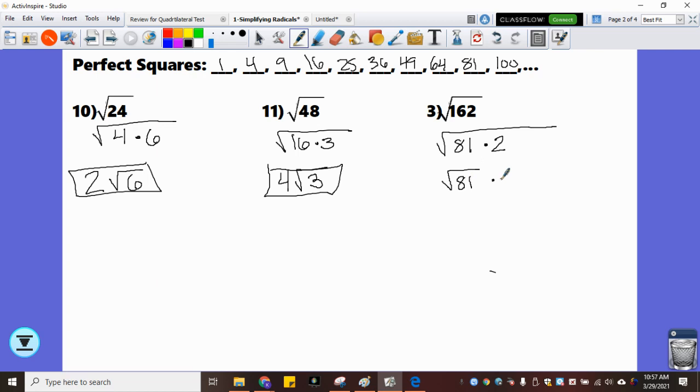And you know the square root of 81. What is the square root of 81? 9, because 9 times 9 gives you 81. So 9 square root 2.